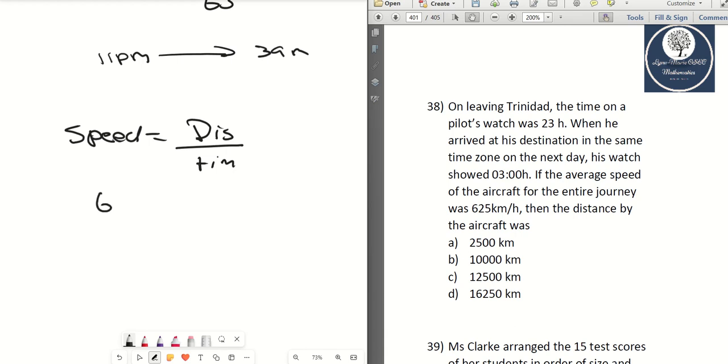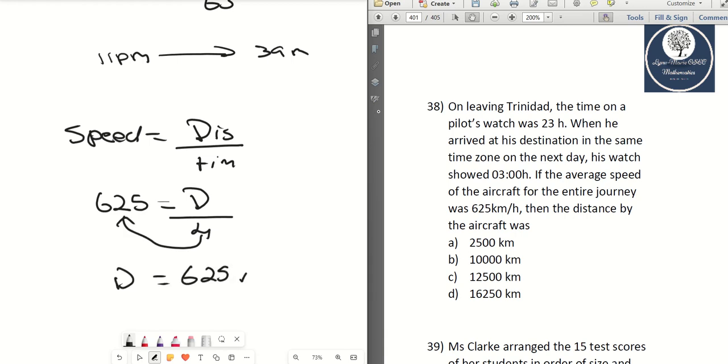So 625 is equal to distance over 4. Carry across, the distance would be 625 multiplied by 4. 5 fours are 20, 4 twos are 8, 9, 10. 6 fours are 24 plus 1 is 25. So the distance is 25 kilometers, which is A.